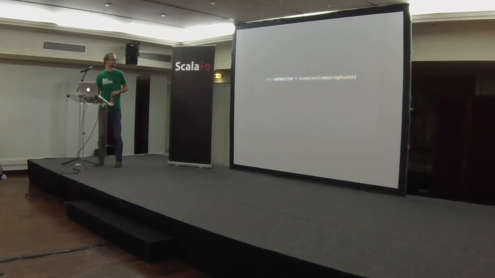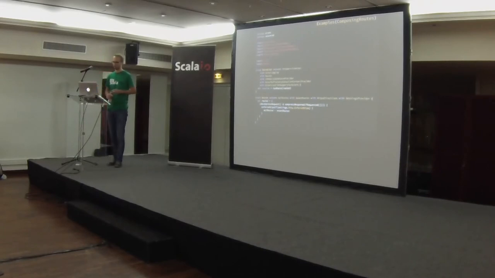So let's start with composing routes. Most applications I've written with Spray are not as short as the default examples. There's not one URI with a couple of methods and that's it. Most routing structures are actually pretty big. So what we do is split them up into traits.